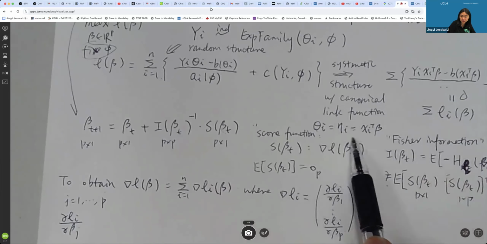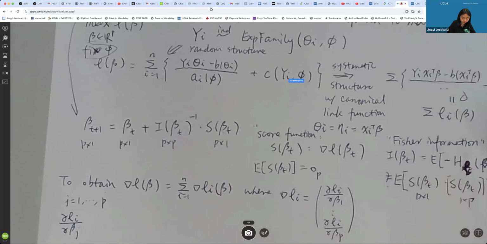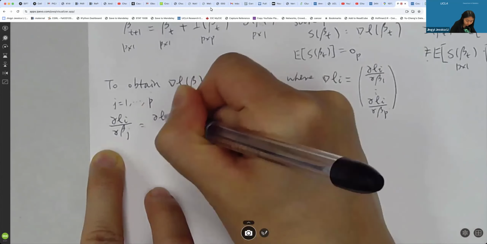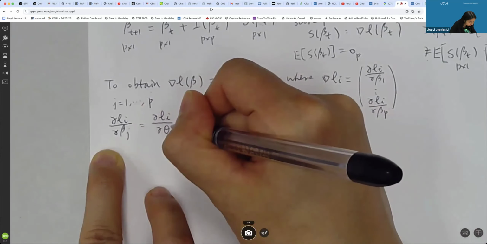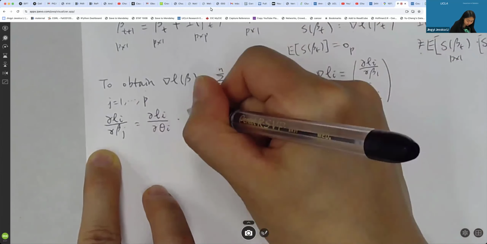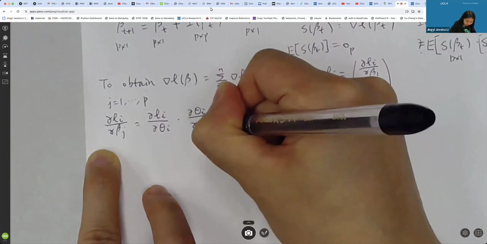So I skip these steps, I just directly go from here to here. That's what I will do. So then I would write this as chain rule: partial Li partial theta I, and partial theta I partial beta j.